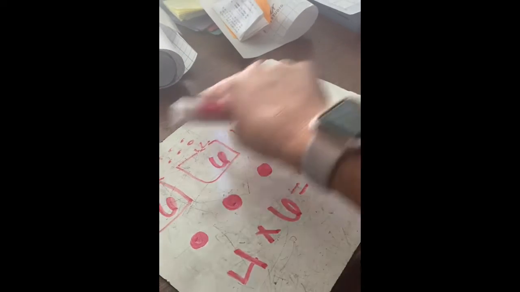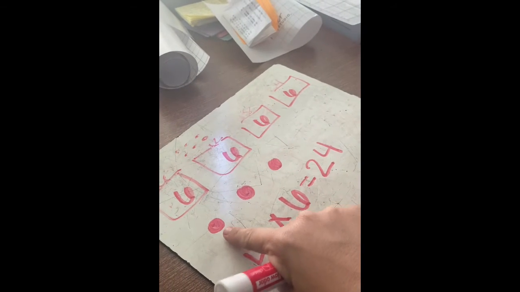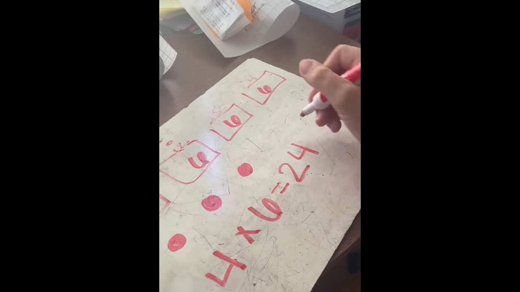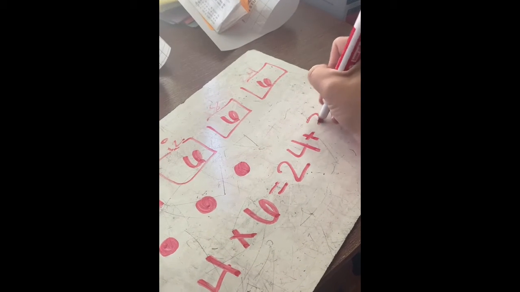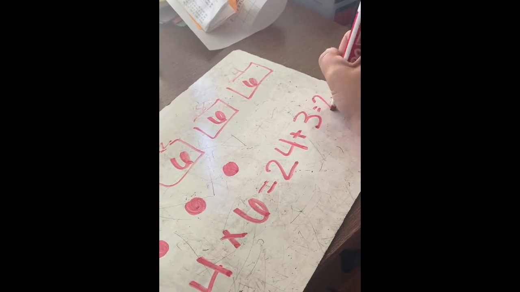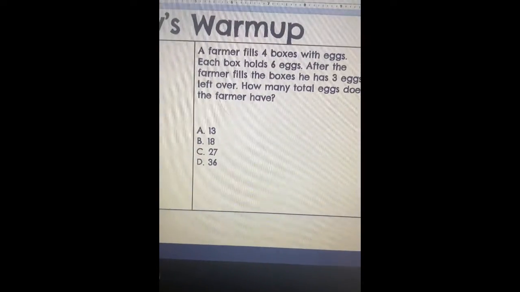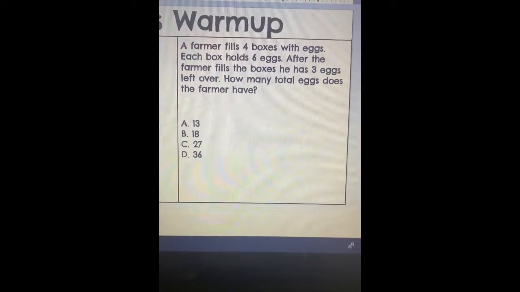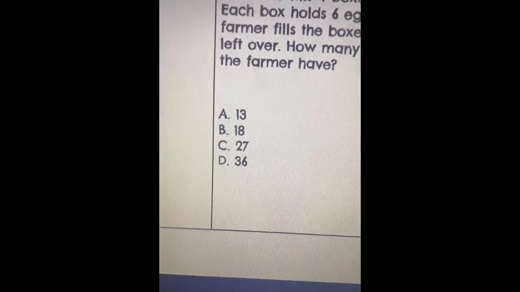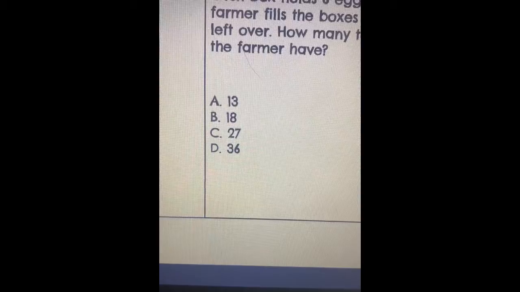That's how many are in the boxes. Don't forget about the 3 left over. He's got those eggs too. So add those 3 equals 27. How many total eggs did the farmer have? He had 27 total eggs.